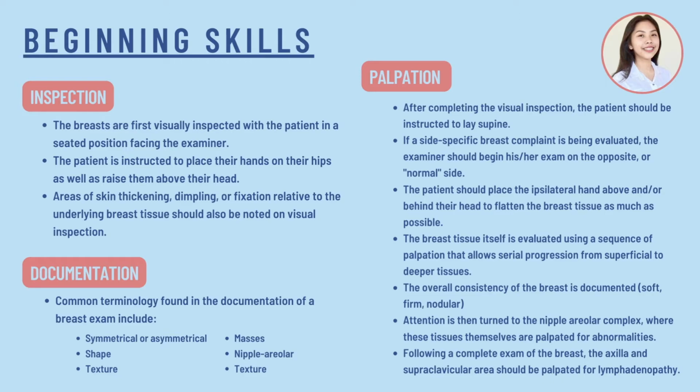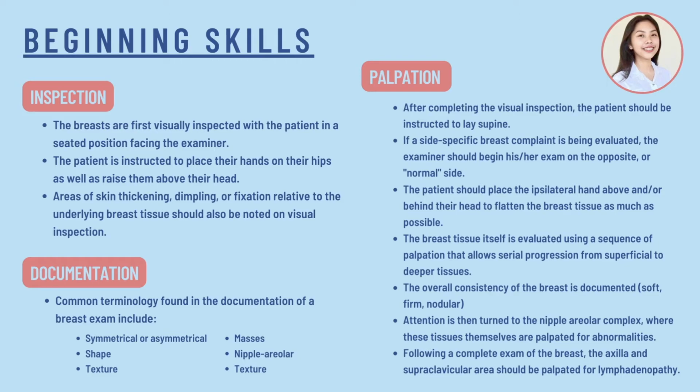Attention is then turned to the nipple areolar complex, where these tissues themselves are palpated for abnormalities. The examiner should assess for expressible nipple discharge by placing both hands on the breast on either side of the areola and gently but firmly pressing down into the breast tissue. Following a complete exam of the breast, the axilla and supraclavicular area should be palpated for lymphadenopathy.